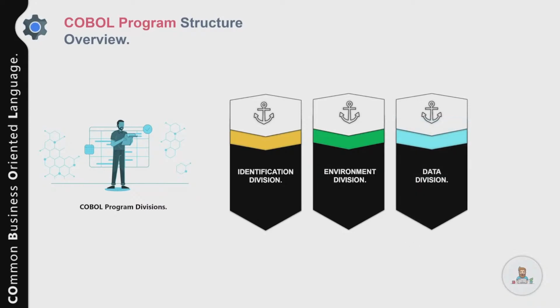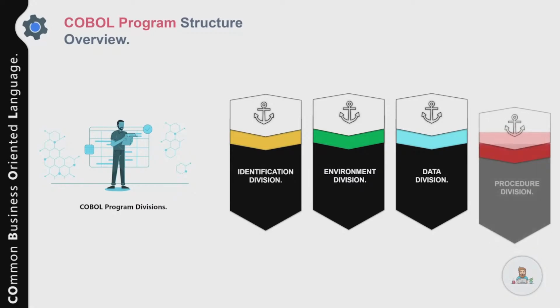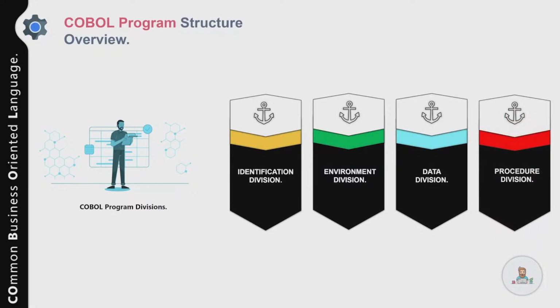Third one is data division, and it is used to describe the input and output formats to be used by the program. It also defines any constants and work areas necessary for the processing of data. The last one is procedure division, and it contains the business logic. That means it contains instructions necessary to read input, process it, and create output as per your requirement.